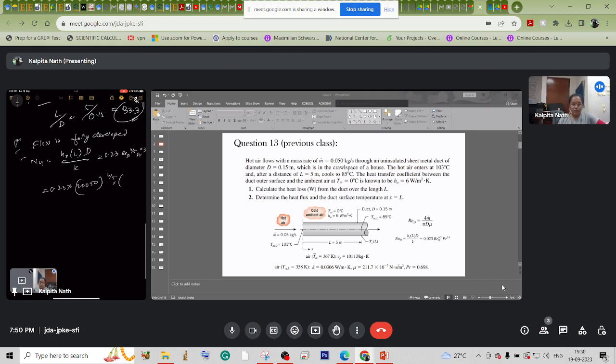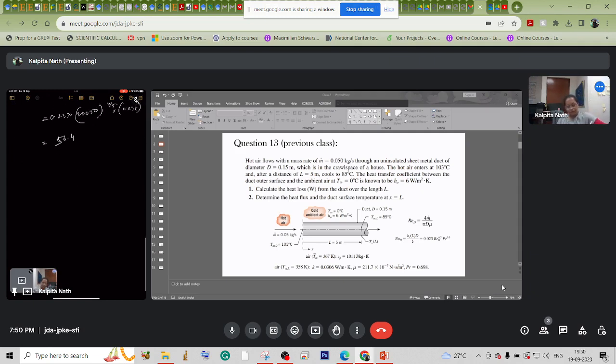Prandtl number is 0.698 to the power 0.3. This comes out to be 56.4. Right. So now h_x L is equal to 56.4 into K by D. K is 0.0306 and D is 0.15. So it is 11.5 watt per meter square Kelvin.